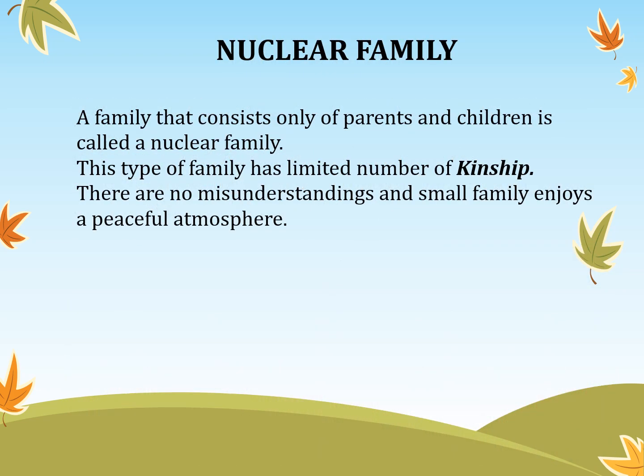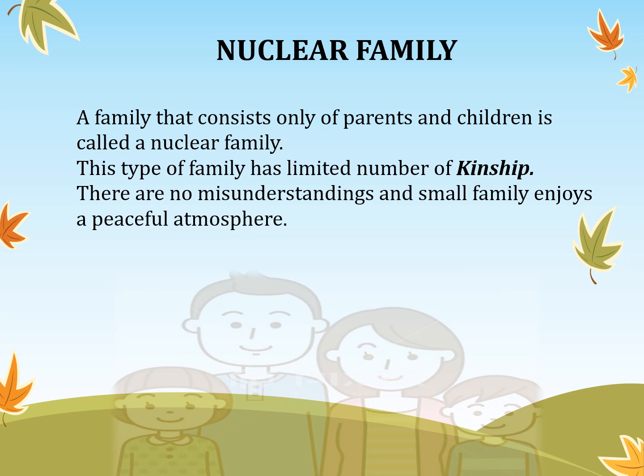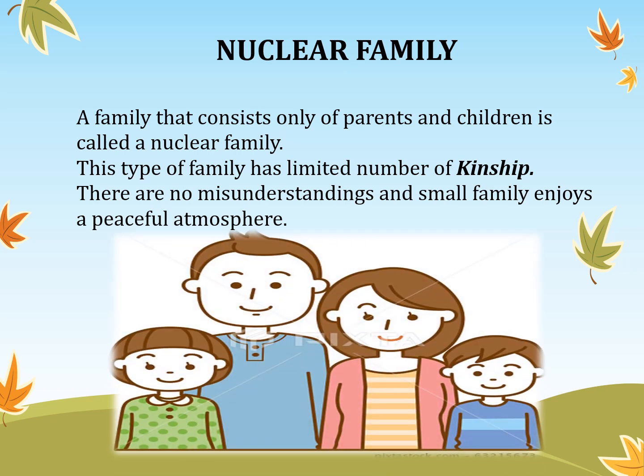A family that consists of parents and children is called a nuclear family. In that picture you were looking at, many members were there: grandparents, uncle, aunt, children, mother, father. But here, only mother, father, and children.